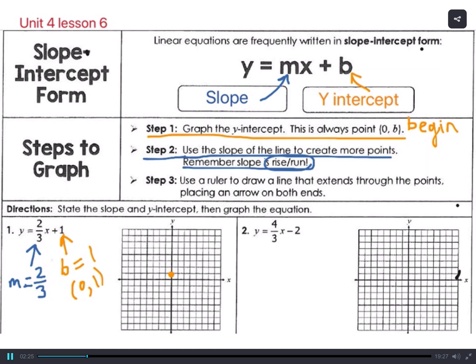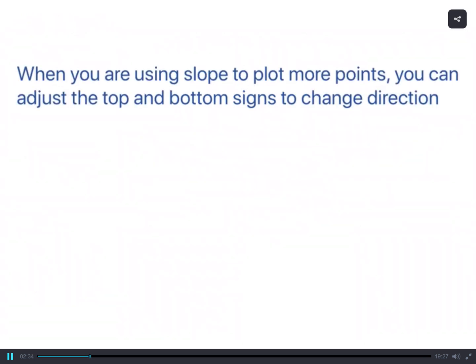All right. Now, we are going to add a note at the very bottom of your paper. The note that we're going to add is when you're using slope to plot more points, you can adjust the top and bottom signs to change the direction that you're moving on the graph. And I'm going to give you just a quick example of why that would be useful.